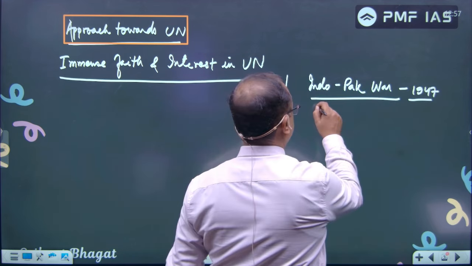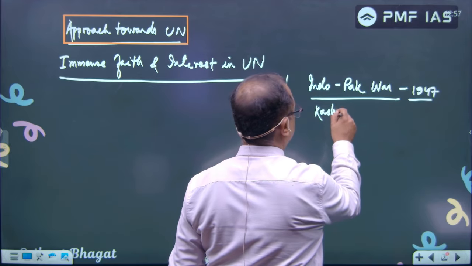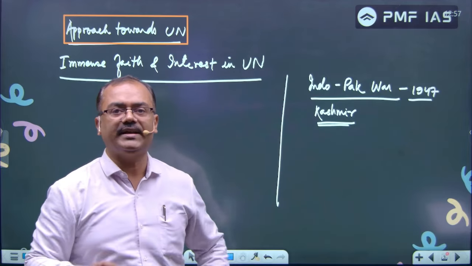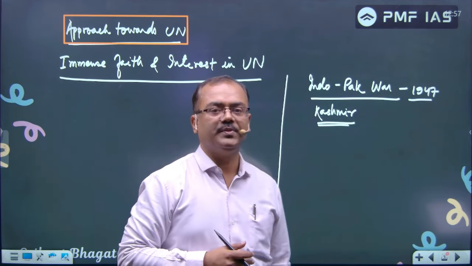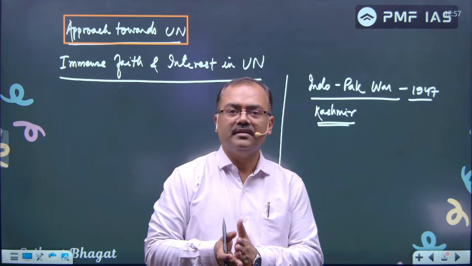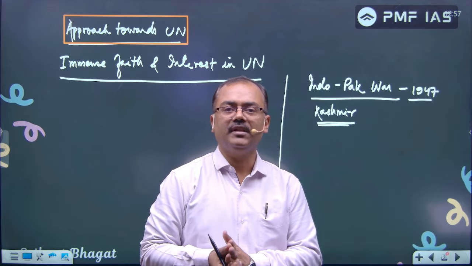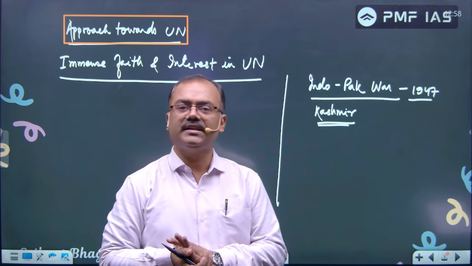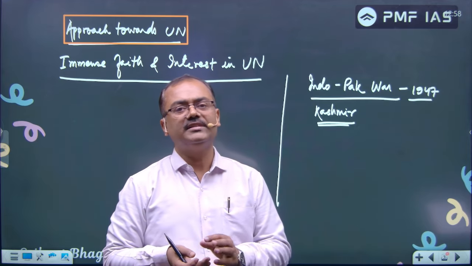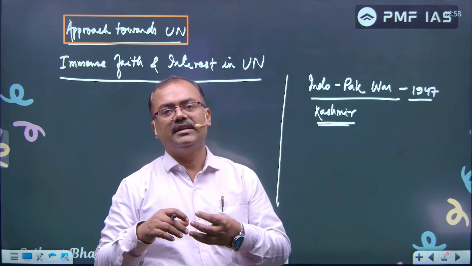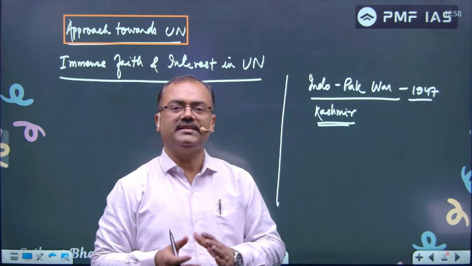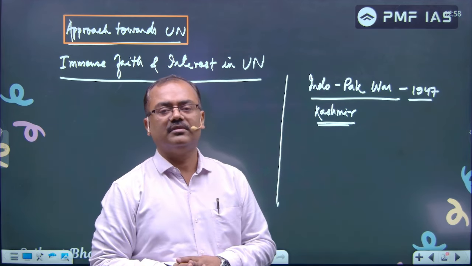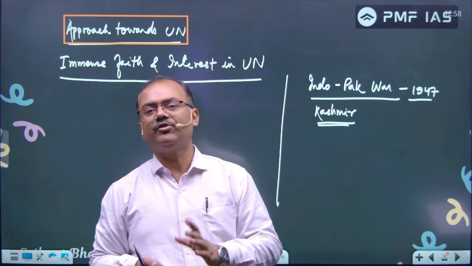But bordering princely states could sign the instrument of accession either in favor of Pakistan or in favor of India. So this case came up in Kashmir. This part is also IR's very important segment, the international relations history relating to Kashmir. So Kashmir was governed by Raja Hari Singh. It was a princely state. Raja Hari Singh, like other kings, wanted more and more concessions from India.